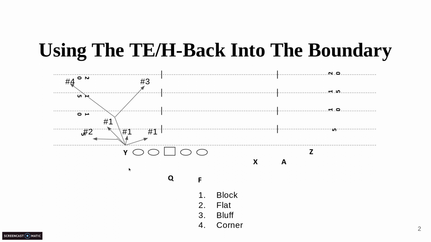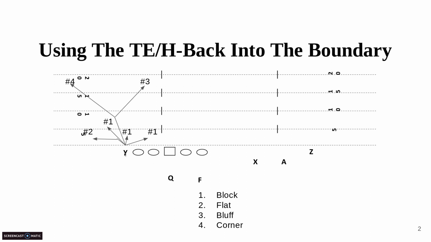He has to block. Well, how many different ways can we block? If he has a 6 technique on him, maybe you want him to base block the 6 technique. If you're trying to do the pin and pull where you're pulling tackle or guard to get outside, maybe the Y can block down on a 5 technique. Maybe you've got him arcing to block the corner or the alley defender.